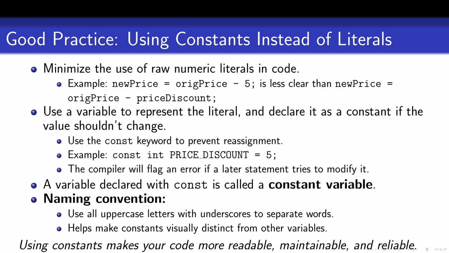This tells the compiler that the value is fixed, and any attempt to change it will result in an error. It also signals to other programmers that this variable is a constant. In terms of naming, the common convention is to use all uppercase letters with underscores between words, so constants stand out clearly in the code. This simple practice boosts readability and protects your constants from unintended changes, especially in larger programs or teams.